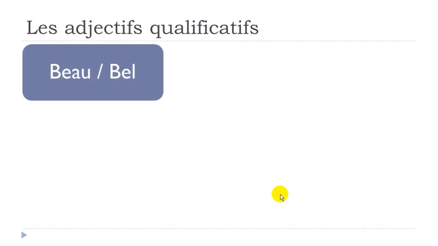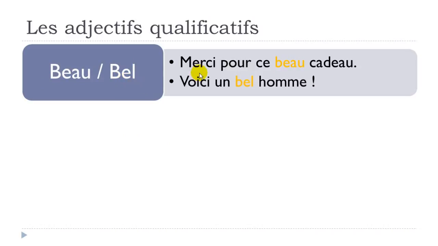All right, so let's see now. Important thing: we've got some adjectives like beau, the one we just saw, and then we will have this bel form as well for the masculine form. Let's see the reason why. In the first sentence, merci pour ce beau cadeau.